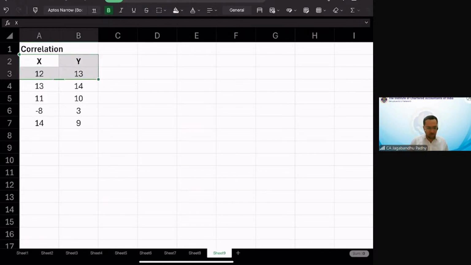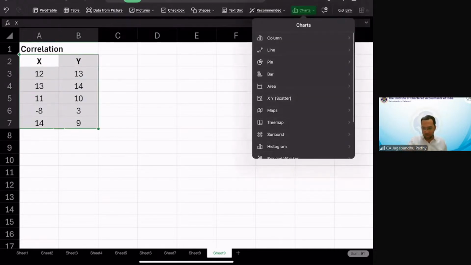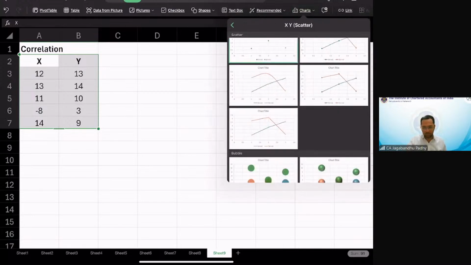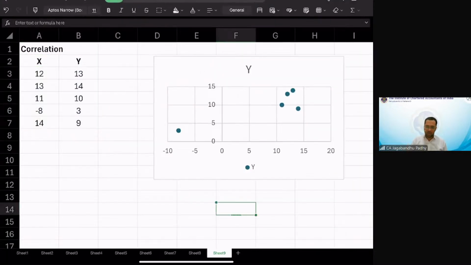That's the correlation. Now let me plot a graph. Just look at this graph. From this graph, can you really say what the degree of correlation is? Do you think there is broadly a positive correlation or a negative correlation?